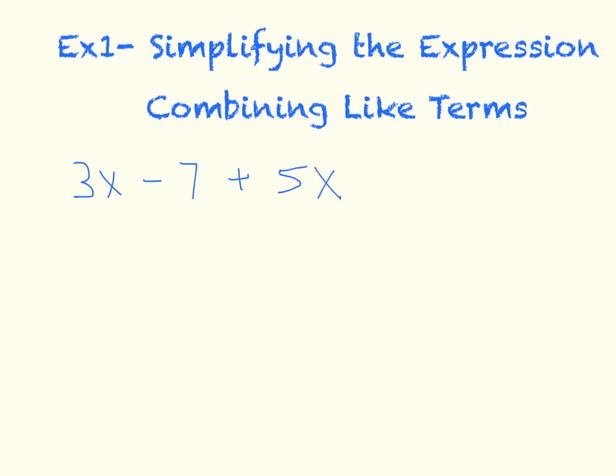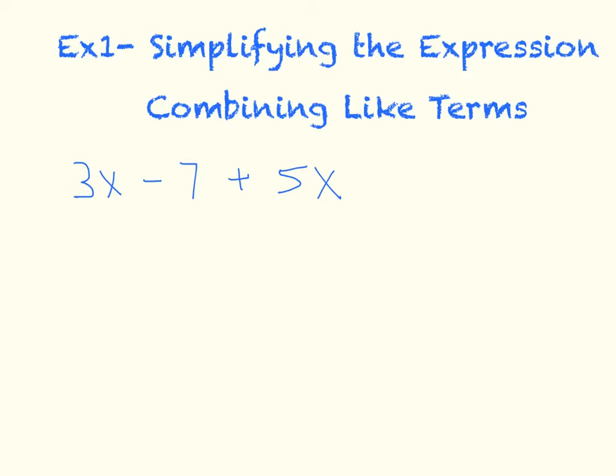The terms are the parts of an addition problem. So our terms are 3x, negative 7, notice I say negative 7 because of that negative sign right there, and 5x. So we look at the terms, the parts, and we see which ones have the same variable.